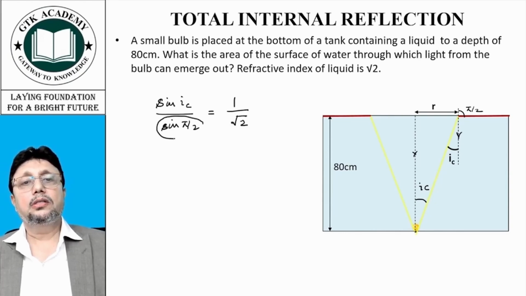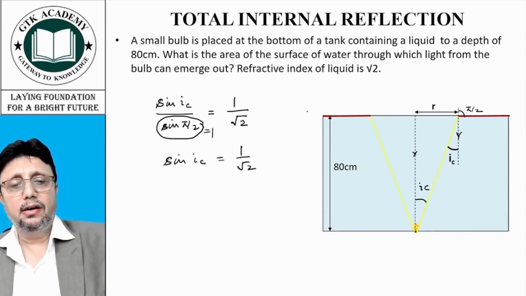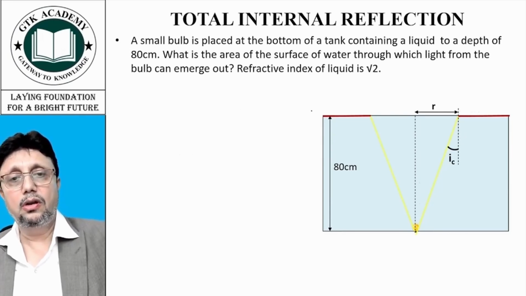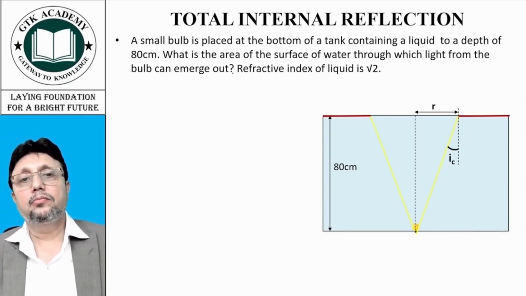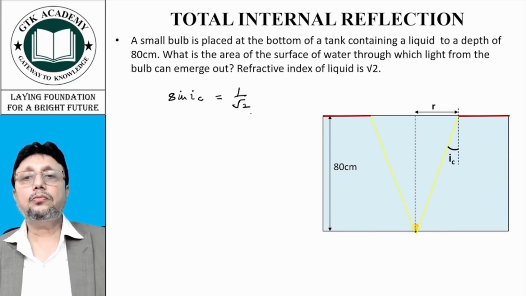Now sine pi by 2 is equal to 1. That means sine IC is equal to 1 upon root 2. We'll just write here and erase all. Sine IC is equal to 1 upon under root 2.